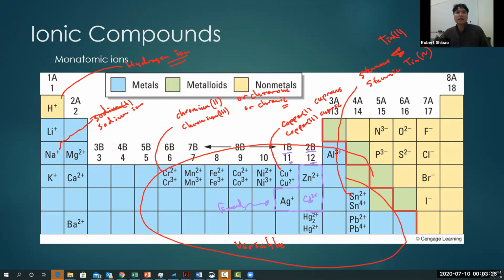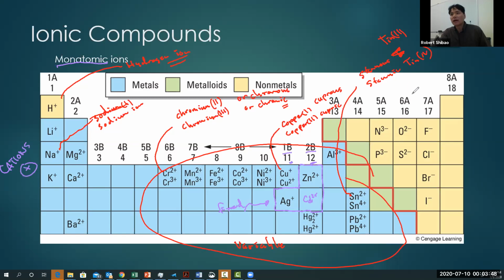These are called cations over here. These are monatomic. Monatomic means 1 atom ions, monatomic cations. Then we have monatomic anions here. Anions are negatively charged, cations are positively charged. So this is cations, positive.